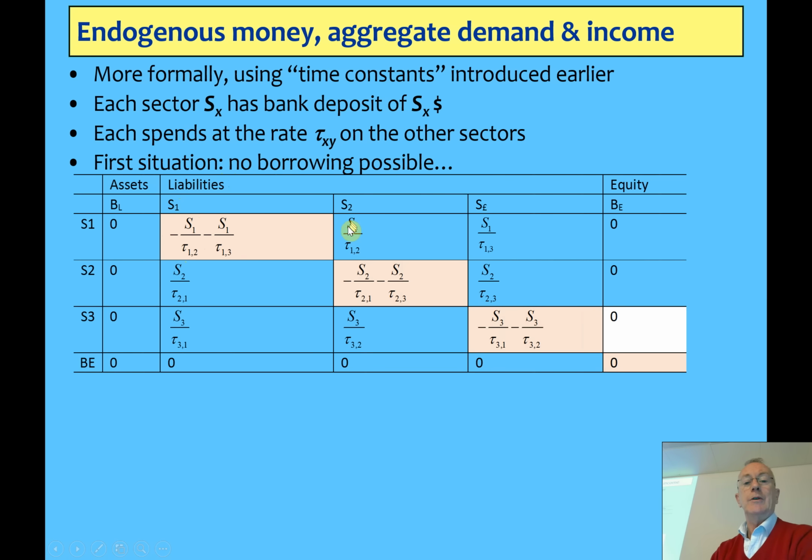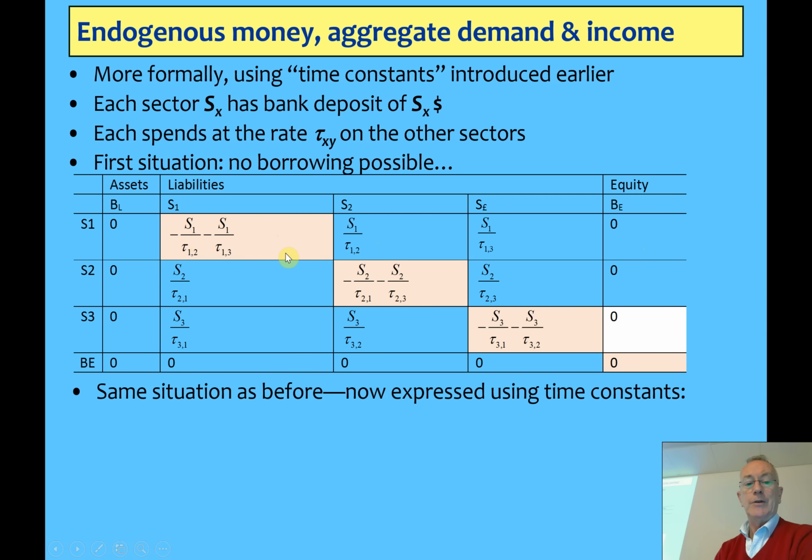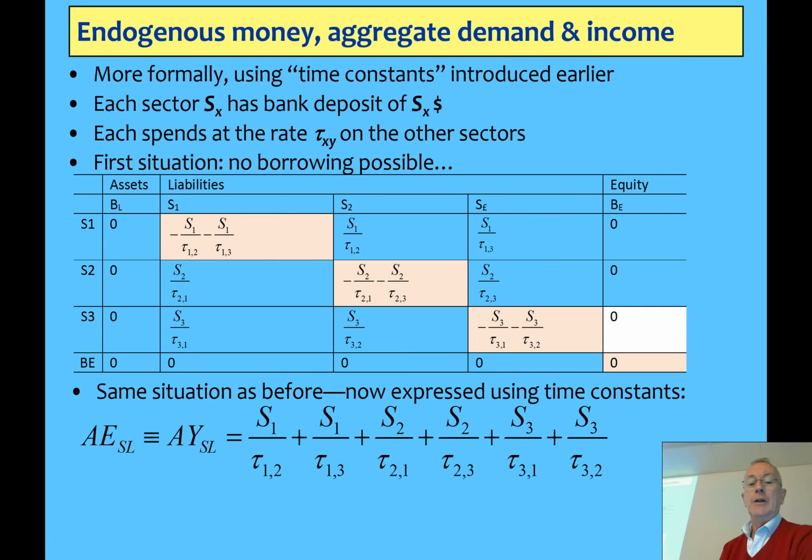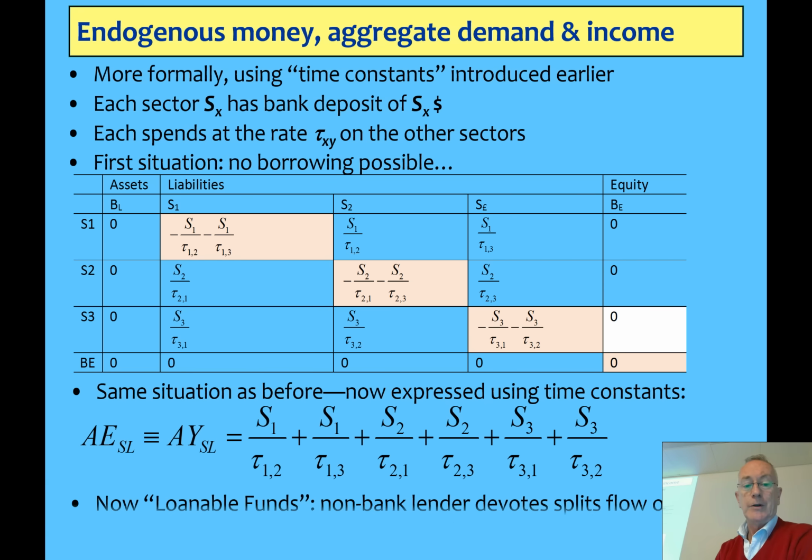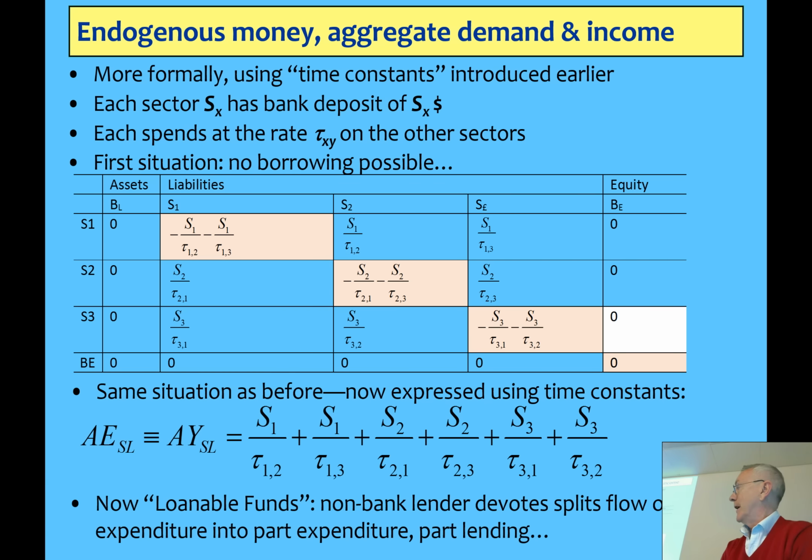So that goes across to sector 2, that goes across to sector 3. Overall, nothing is happening on bank equity side here because the banks aren't involved. So there's no lending at all in that particular situation. So you do your summation, you get the same basic idea. Aggregate expenditure is identical to aggregate income, and it's all the amounts of money in the accounts divided by the relevant time constants. Now, have loanable funds.